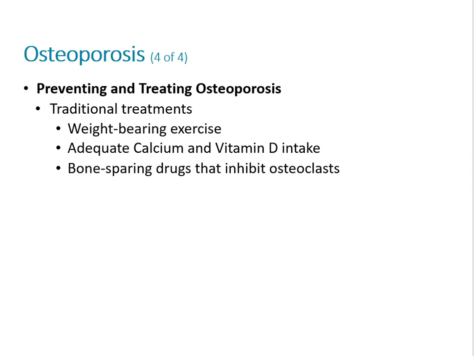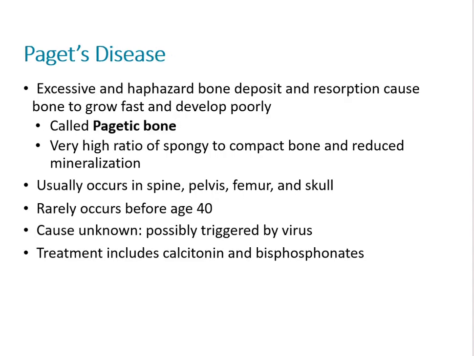So how do we prevent it, or how do we treat it? Well, traditional treatment is prevention, doing weight-bearing exercise, making sure you get enough calcium and vitamin D. And then if you have osteoporosis, there are bone-sparing drugs that inhibit the osteoclast from breaking down your bone.